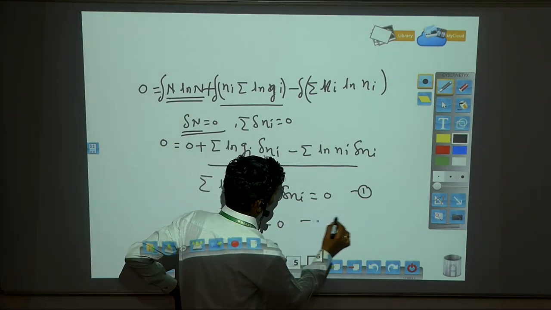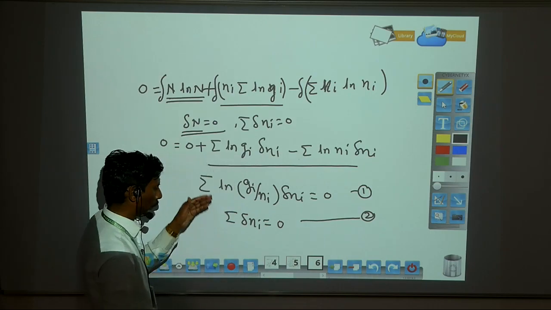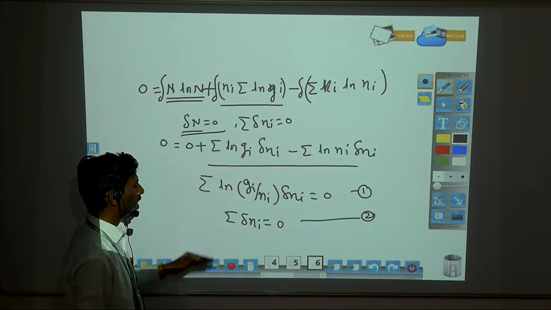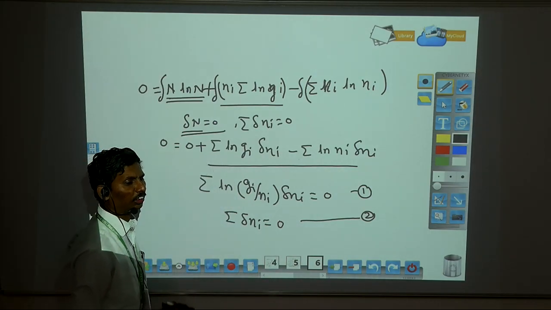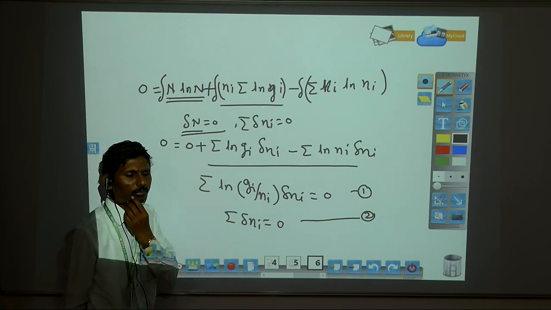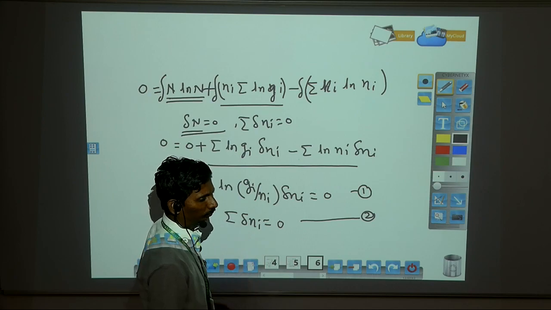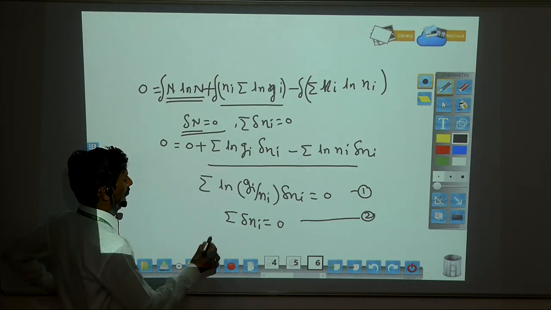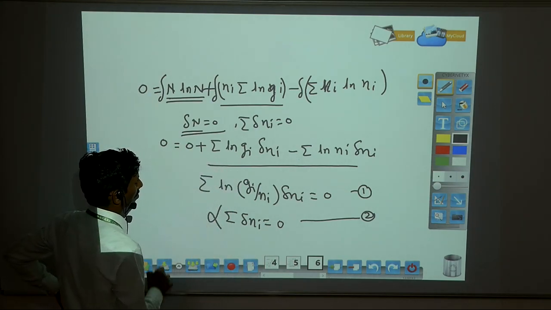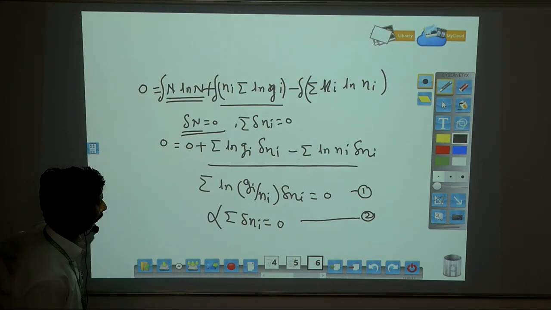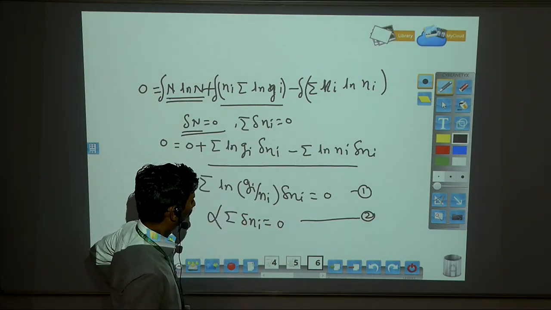This is another simultaneous equation, and to solve this we use the Lagrangian undetermined multiplier method. For that we multiply with alpha and add it with this.